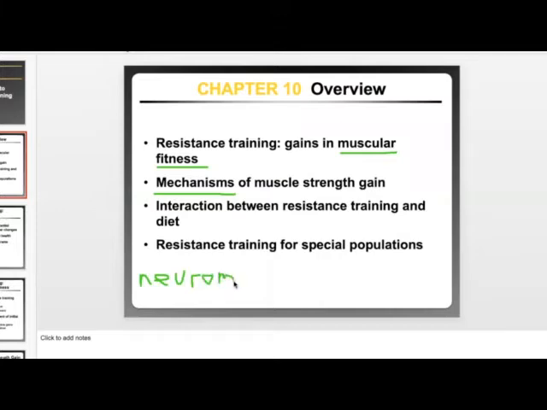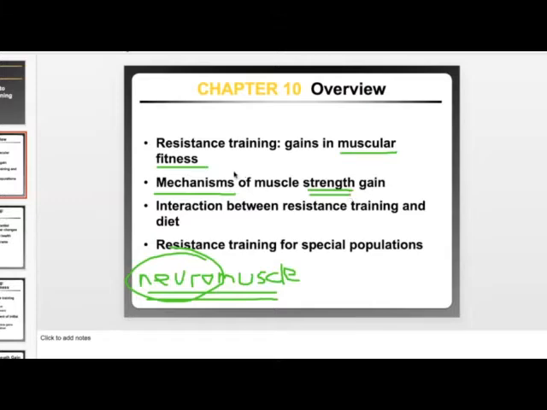So what's going to happen before your muscles increase their strength and increase their amount of actin and myosin and protein is that the body's going to try to make it so that the neurons or the brain changes before the muscle. Building muscle costs the body energy and fuel and is not easy for the body to do. So prior to the body building more muscle, it's going to try to get stronger by doing anything else aside from building muscle.